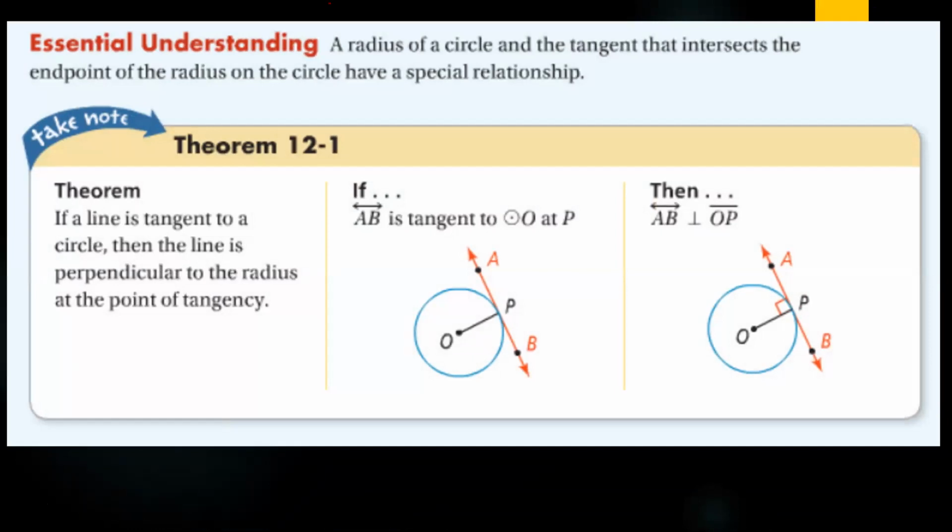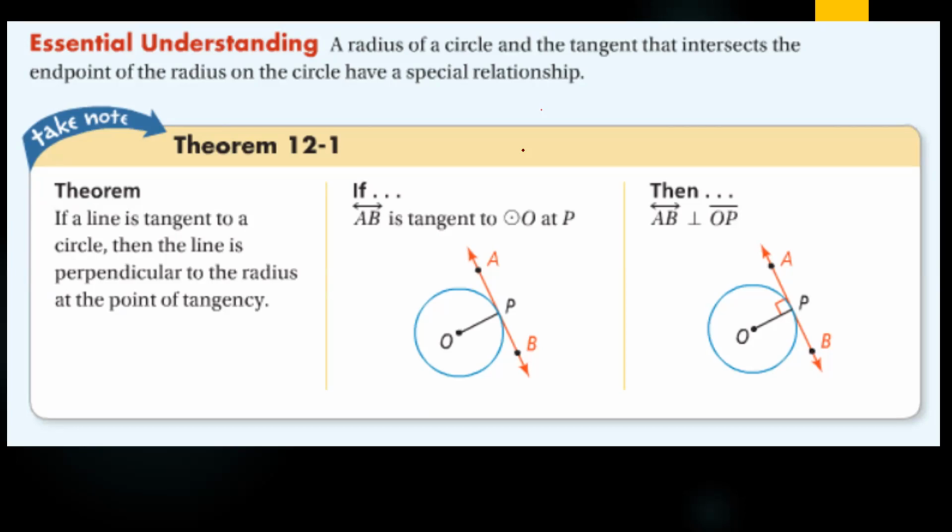Now, if there's a line that is tangent to a circle, this line will be perpendicular to the radius.